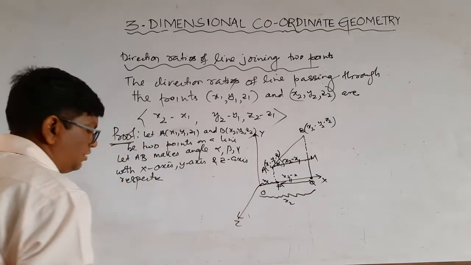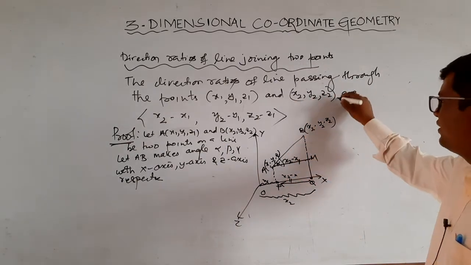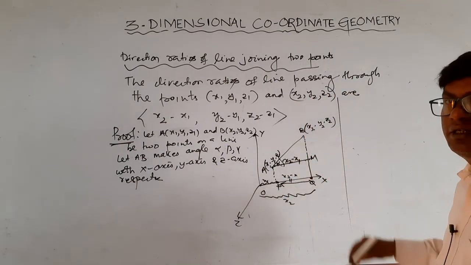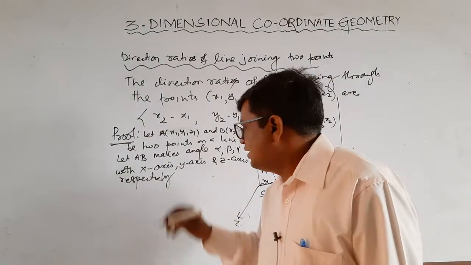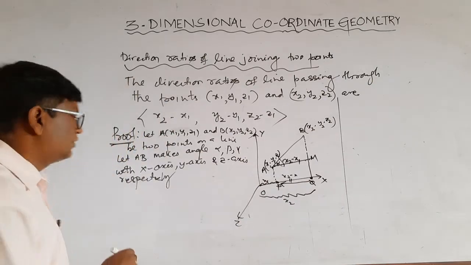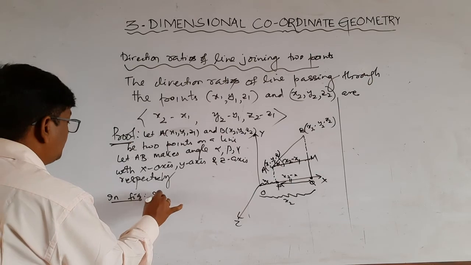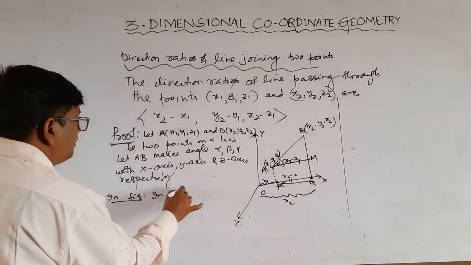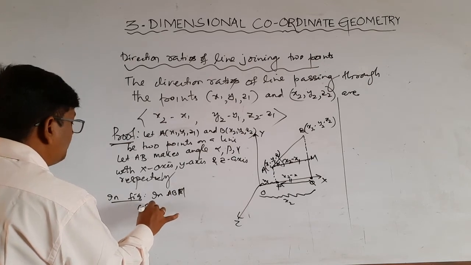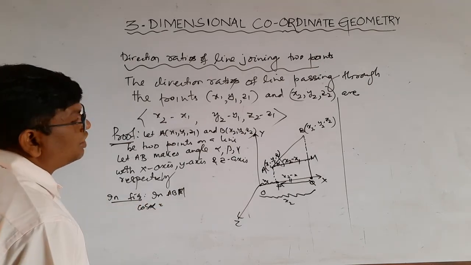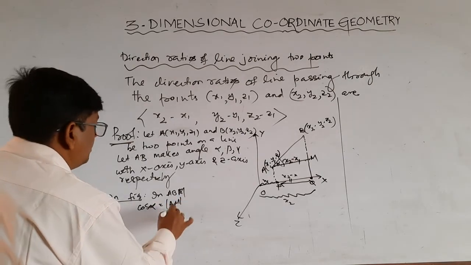Now from the figure, in triangle ABM, cos alpha is equal to AM distance by AB distance.